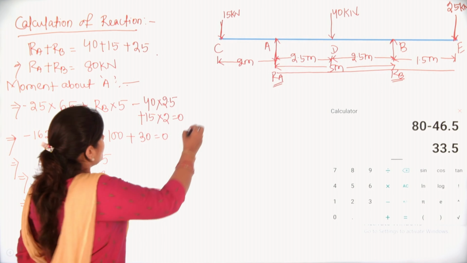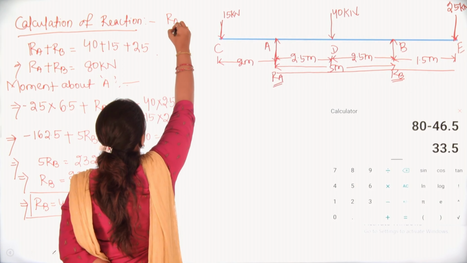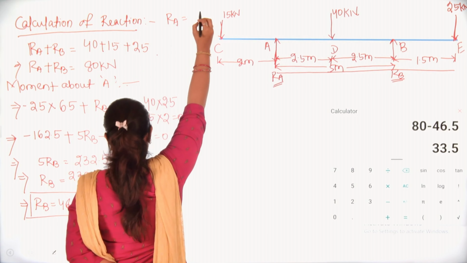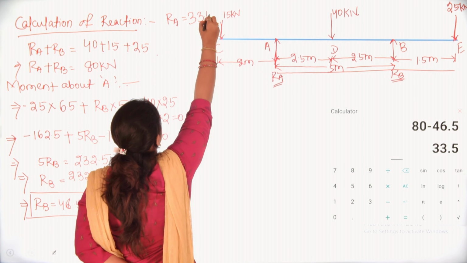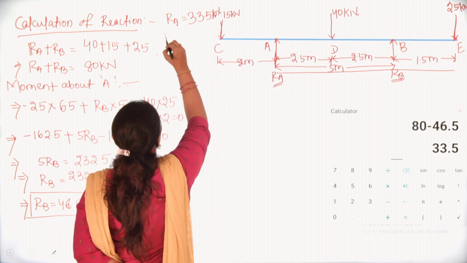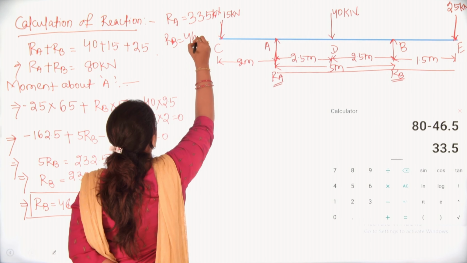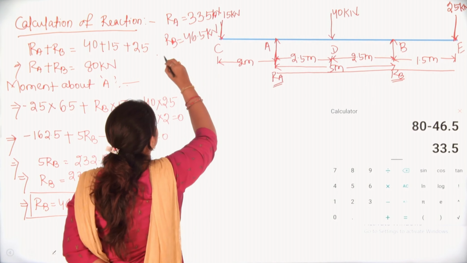Okay. Now our work is to find out forces. So let's write it here: RA is 33.5 kilonewton and RB is your 46.5 kilonewton.